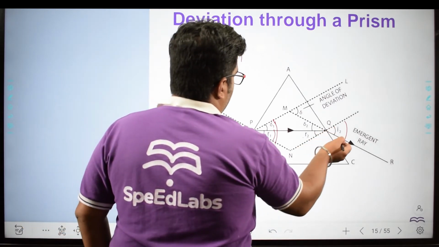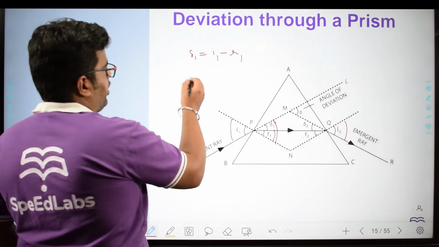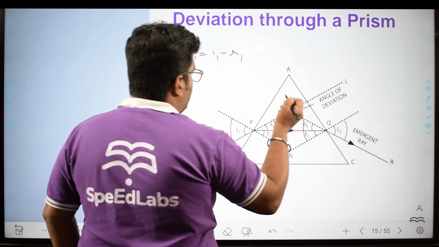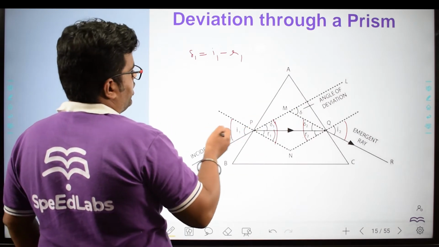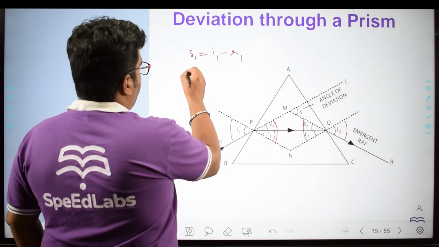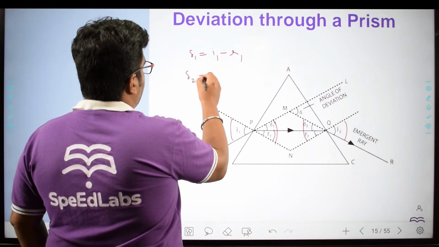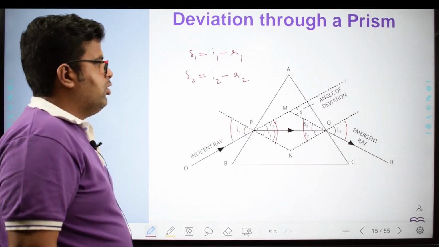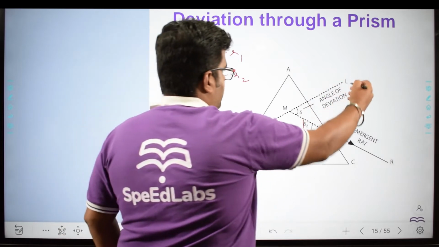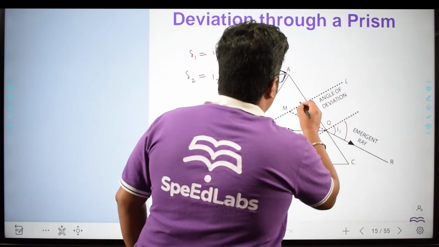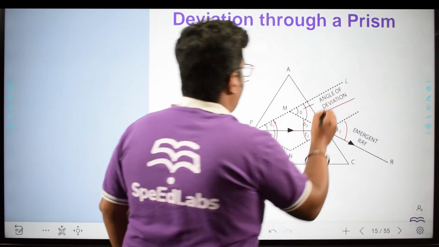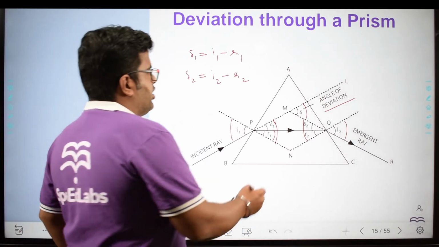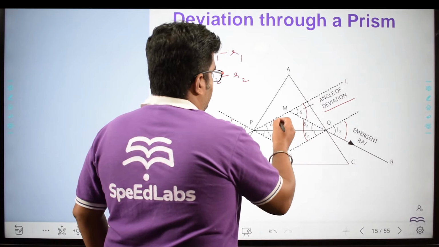Similarly, let's say this angle is R2 and the emergent angle is I2. When we talk about I2, delta 2 and R2, we can see that I2 is equal to delta 2 plus R2, as they are vertically opposite angles. So we are going to have delta 2 equal to I2 minus R2. Now this was the incident ray and this is the emergent ray, so this is basically the angle of deviation. So we have to find delta, and we can see that delta is the exterior angle to these two angles.